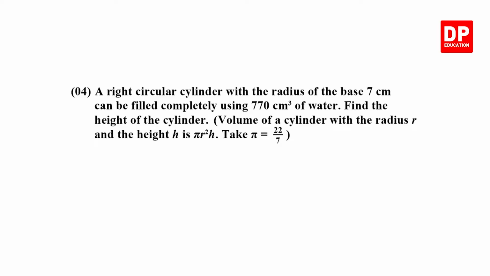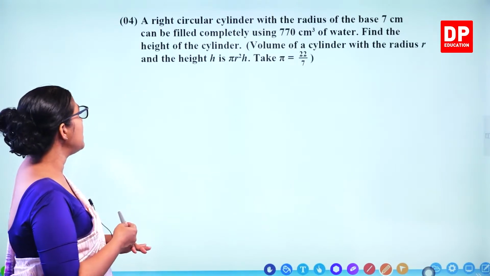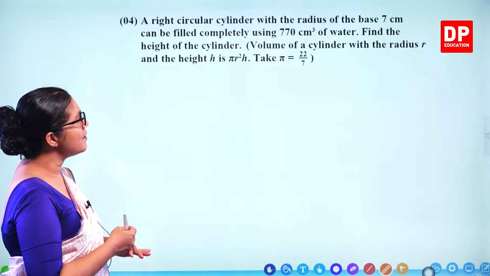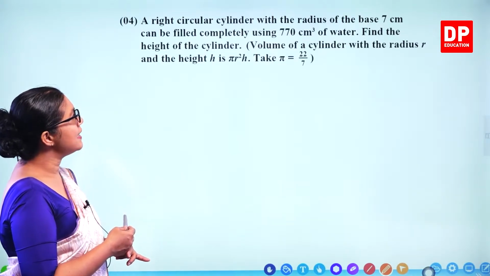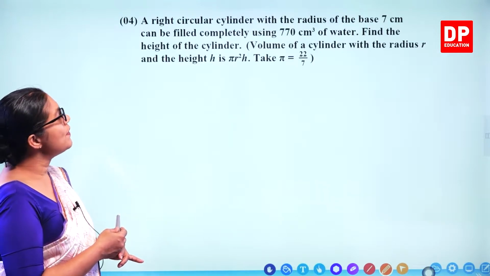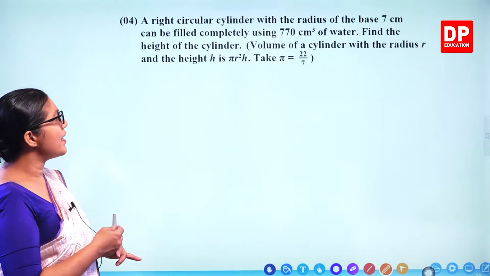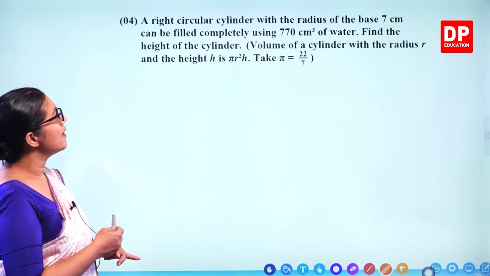Question number 4. A right circular cylinder with the radius of the base 7 cm can be filled completely using 770 cubic centimeters of water. Find the height of the cylinder. Volume of a cylinder with the radius r and the height h is pi r squared h. Take pi as 22/7.